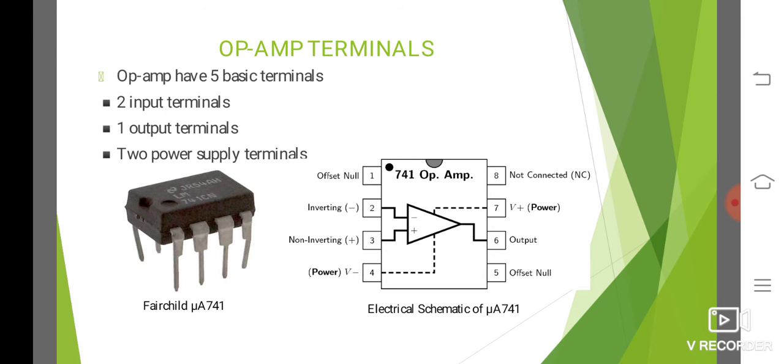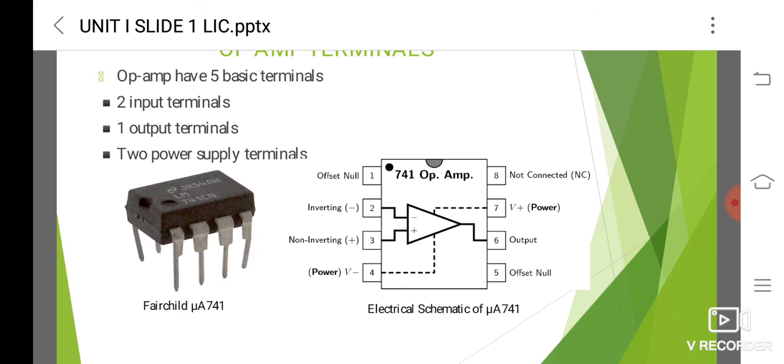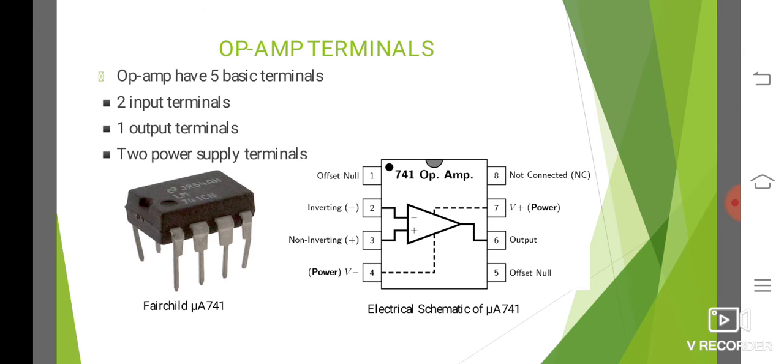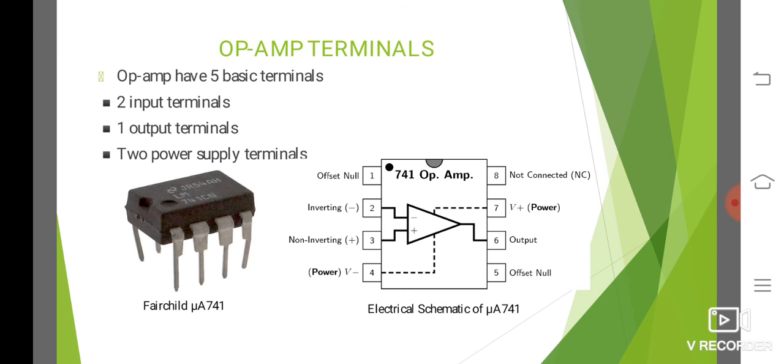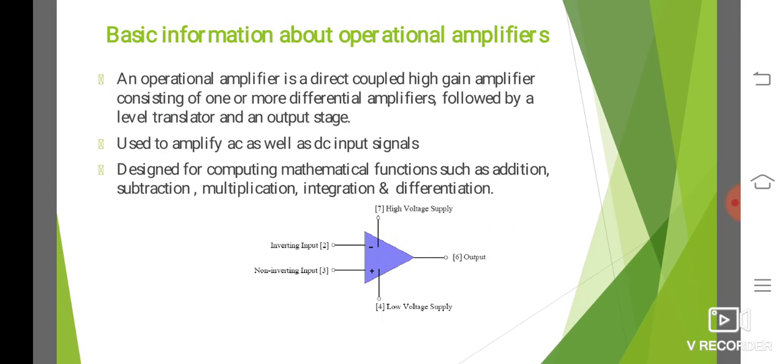Pins 1 and 5 are offset null, and the 8th pin is not used, with no connection. Pin 7 is for positive power supply, the 4th pin is for negative power supply, and from the 6th pin we take the output.